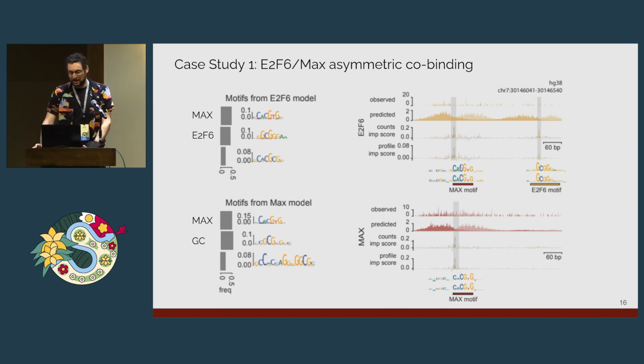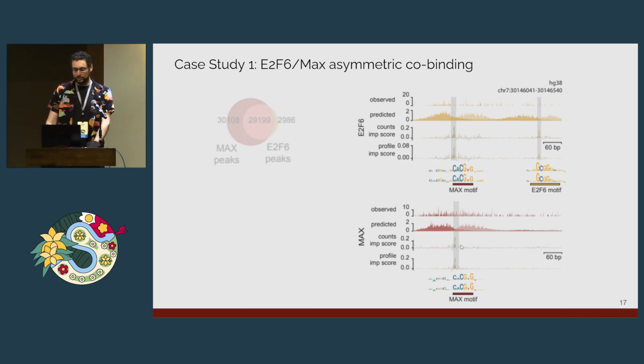And the attributions here are highlighting that for E2F6 binding, it cares about both of them. But for max binding at the same location, it only cares about the max motif, and it's much more shifted to the left. If we just look at overlap of peaks, we can see that E2F6 peaks highly overlap with max peaks, whereas there are a whole bunch of max peaks where there's no E2F6.